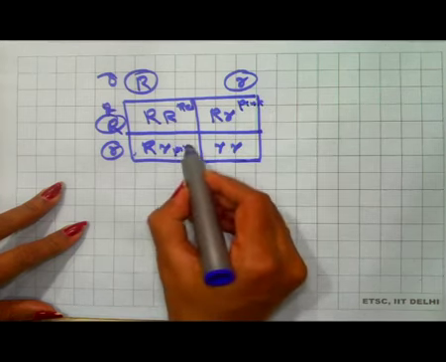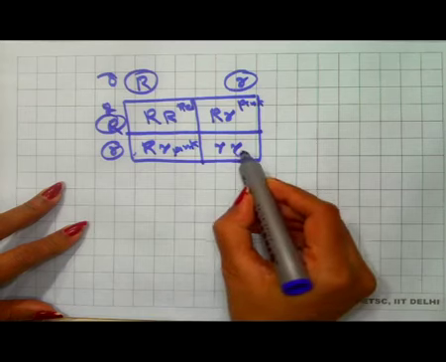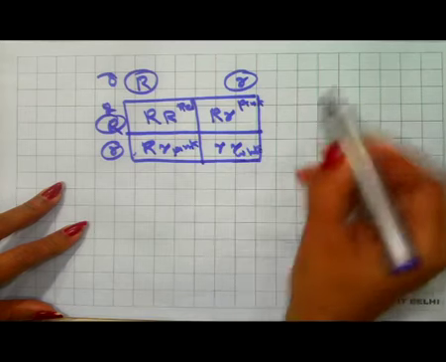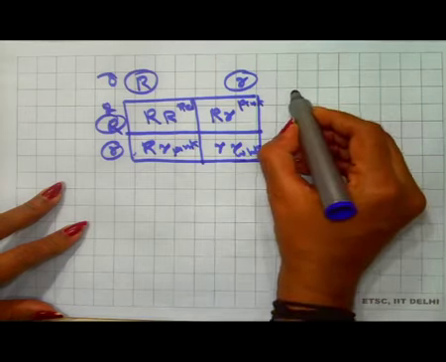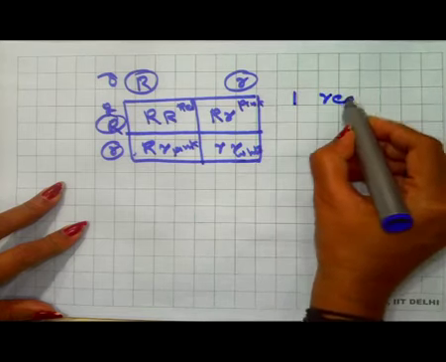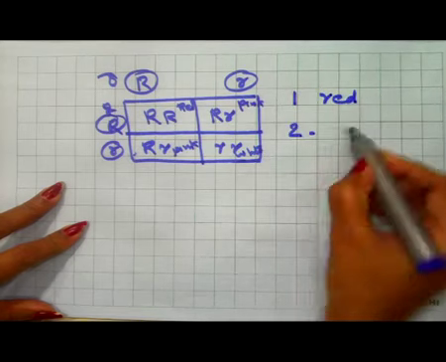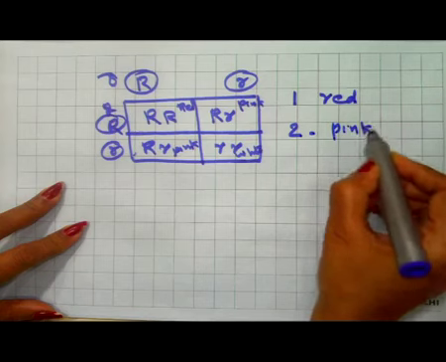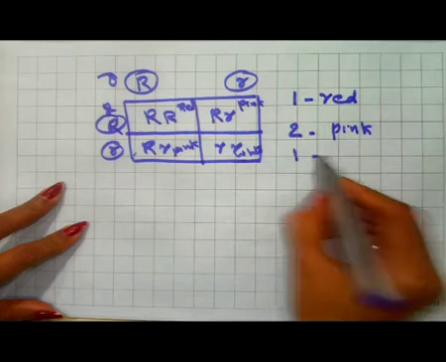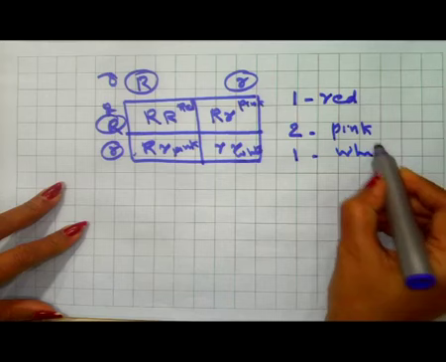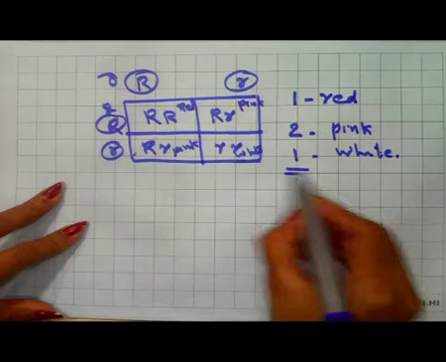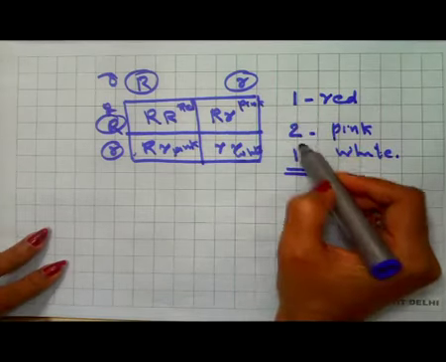Here also it is pink, this one white. So, we will get 1 red, 2 pink and 1 white progenies. So, here the ratio is 1:2:1.